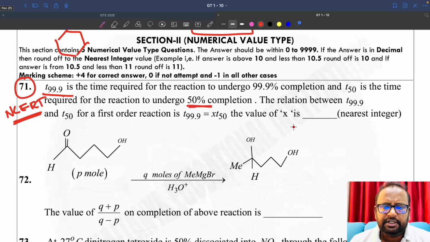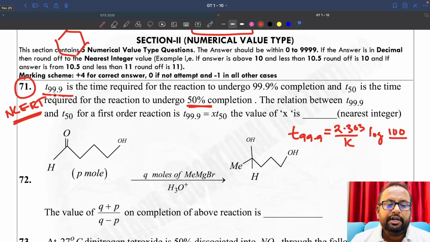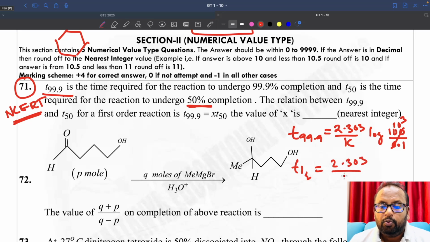So T99.9 equals 2.303 by K into log 100 over 100 minus 99.9, which is 0.1. So this gets cancelled, this will be 10 power 3. And T half we know is 2.303 over K into log 2.